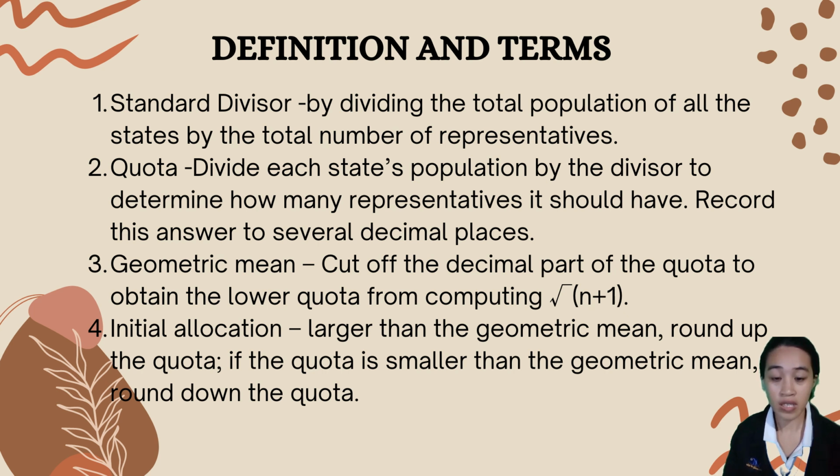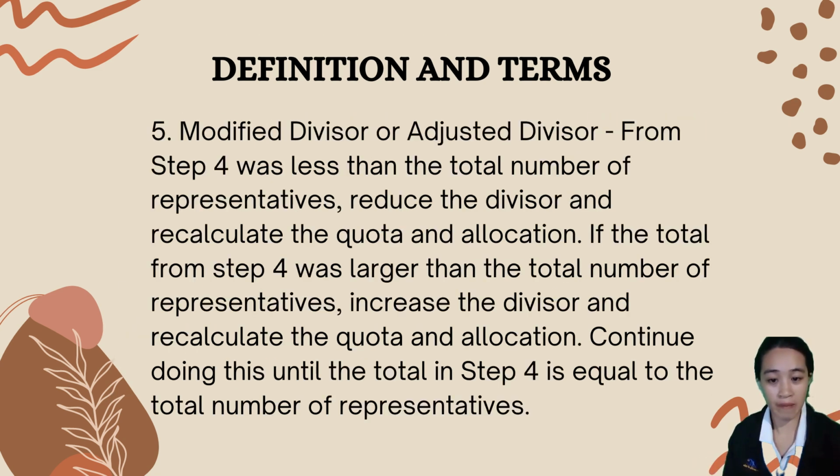Number 4 is the initial allocation. If the quota is larger than the geometric mean, round up the quota, and if it is smaller than the geometric mean, round down the quota. Number 5 is the modified divisor or adjusted divisor. If the total from step 4 was less than the total number of representatives, reduce the divisor and recalculate the quota and allocation.